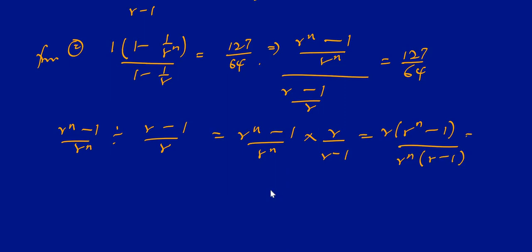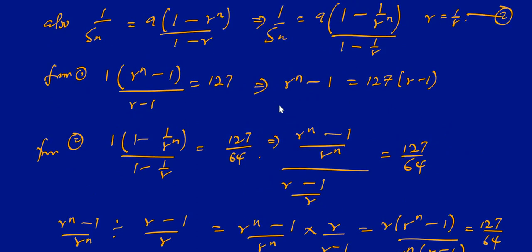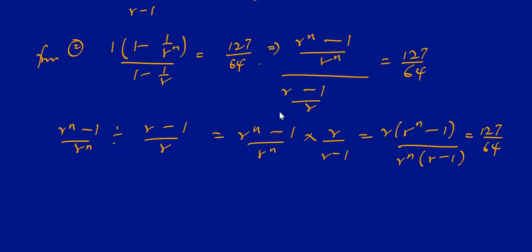This will be equal to 127 over 64. Let's call this one equation 3, and take this one as equation 4.